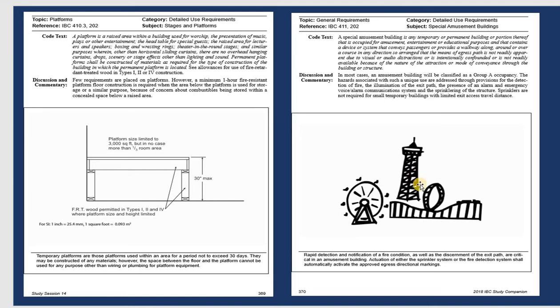This side is some kind of design for the amusement building. The amusement building will be classified as Group A occupancy, and the hazards associated with such a unit are addressed through the provision of detection of the fire, illumination of exit path, and the presence of an alarm and emergency voice.